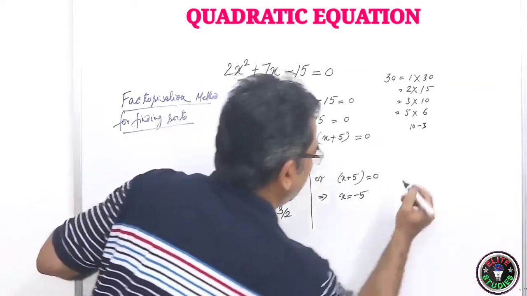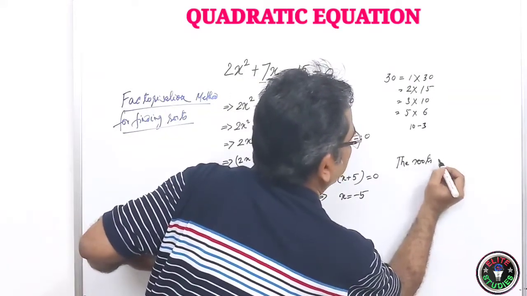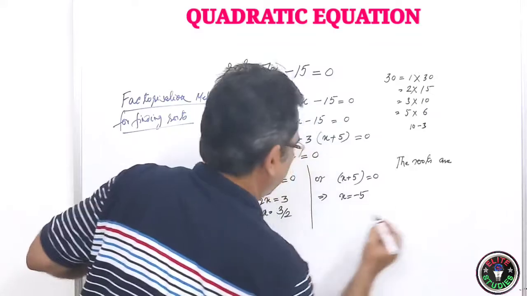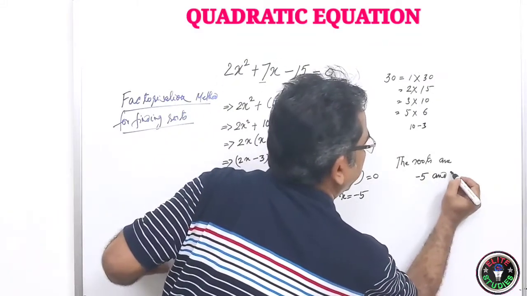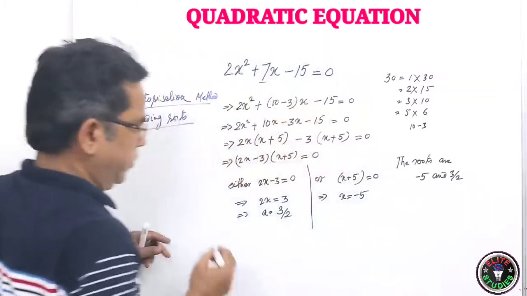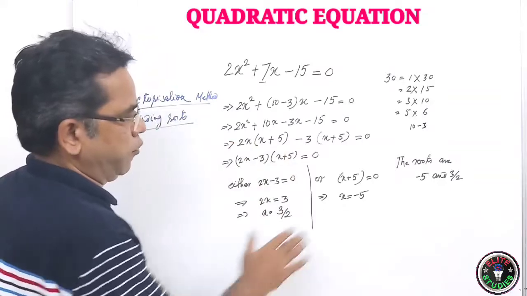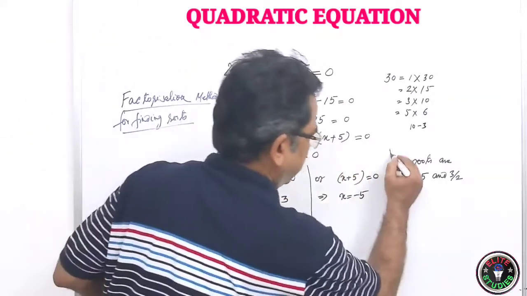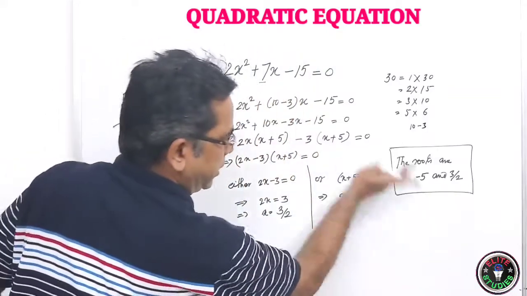So we have got the roots as minus 5 and 3 by 2. This finishes the question. We have found the roots.